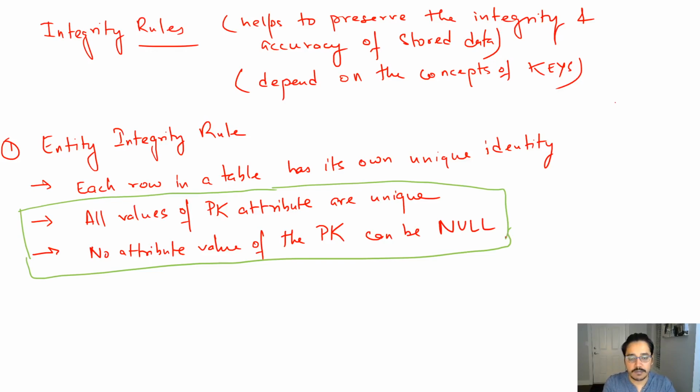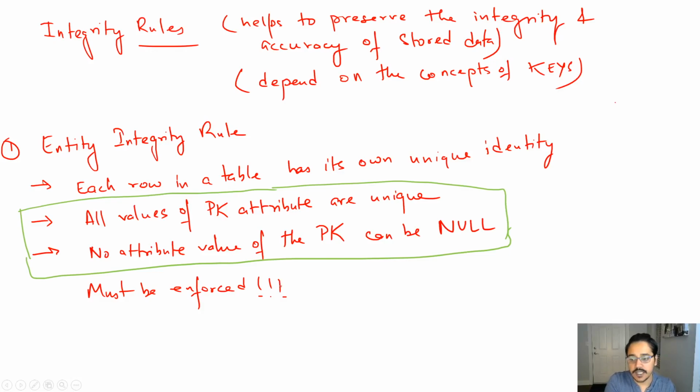So that means if I selected student ID as my primary key for the students table, no two student IDs are the same, and there isn't a single student who has not been assigned a student ID. So this requirement must be enforced in our database design.